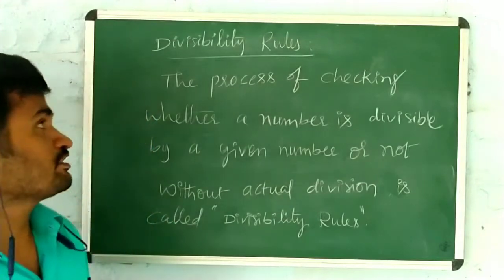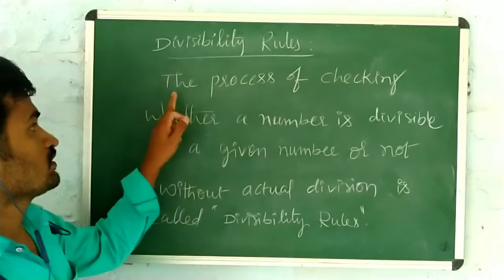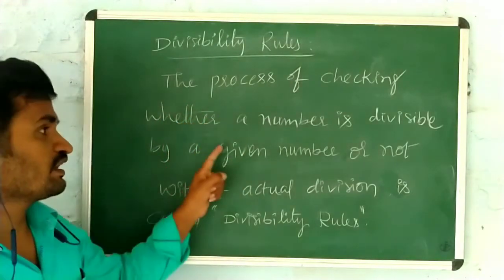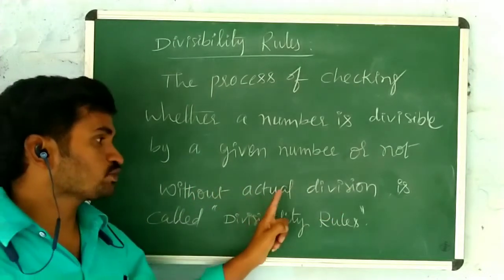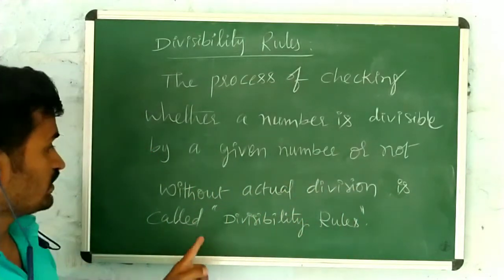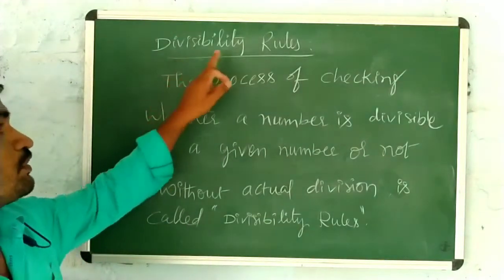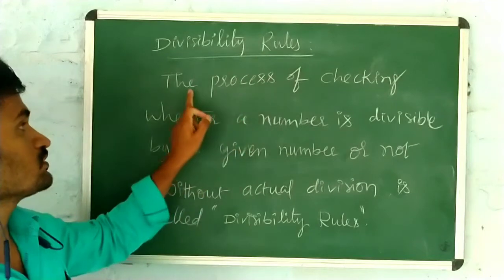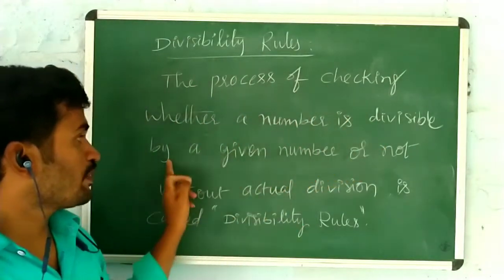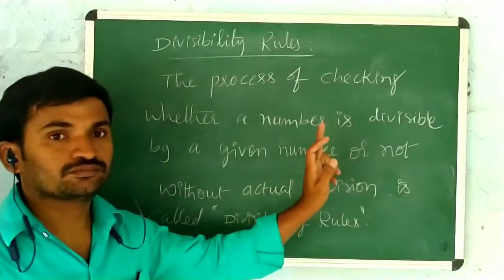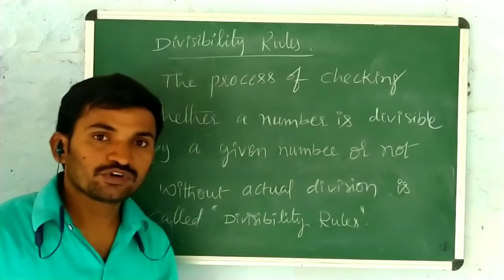Okay, divisibility rules. What is the meaning of divisibility rules? The process of checking whether a number is divisible by a given number or not without actual division is called divisibility rules.